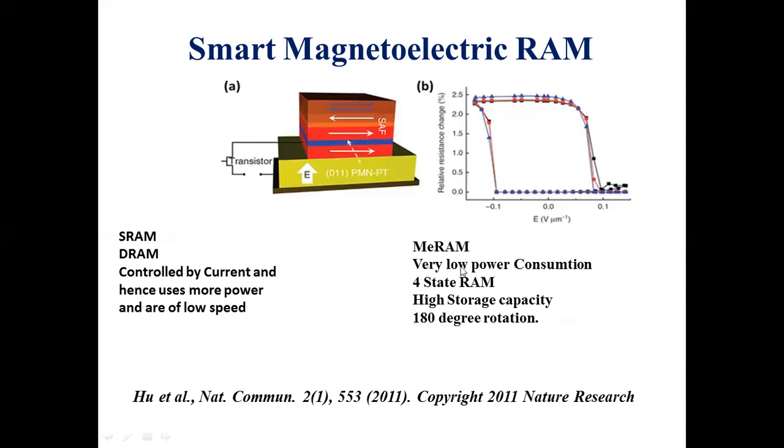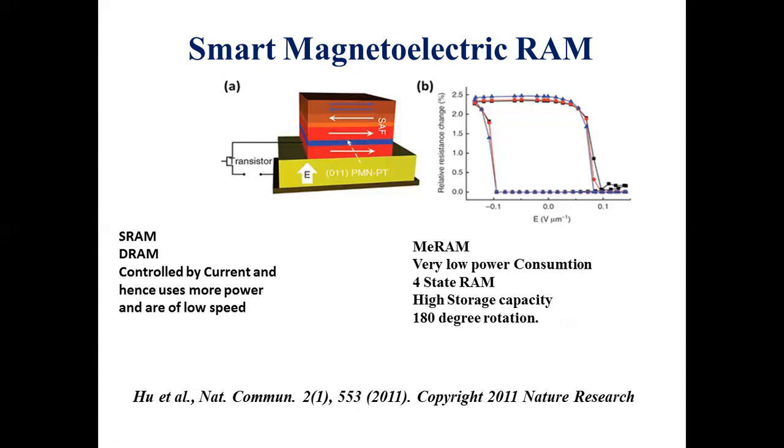They use very low power, and they are referred to as four-state RAM, because you can see here a square loop is obtained when you change the applied electric field. So four states are possible. That is why it is called the four-state RAM. And the storage capacity is also very high compared to regular RAMs.